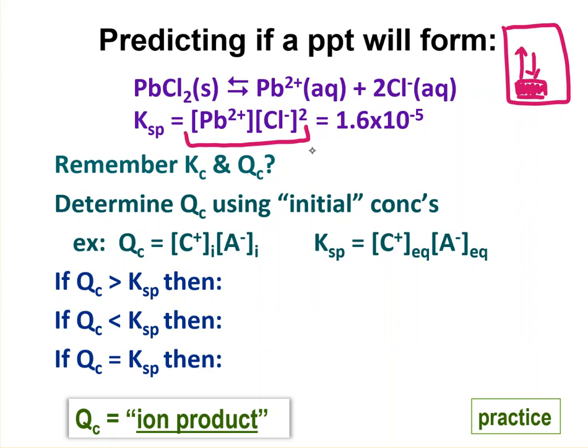Okay, and that's what I just said is what all of this is about, but I'll use these terms. So it's the same idea. Remember, we used this Qc before as a way to predict which way a reaction would occur. In this case, we call it the ion product. And the ion product is this.